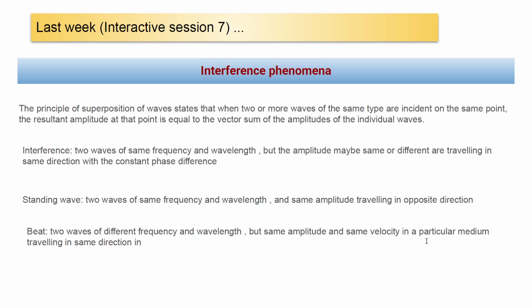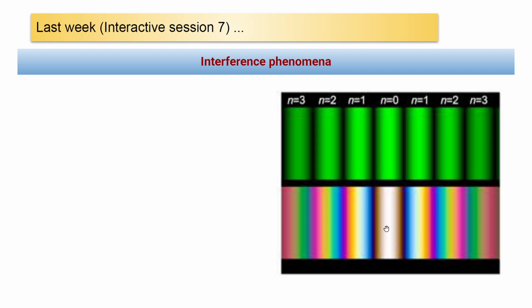Apart from this, we also discussed that it is not required that the amplitudes be the same, but if the amplitudes of the two waves which are going to interfere are closer, then the contrast of the fringes is better, which is a good thing while carrying out any experiment.